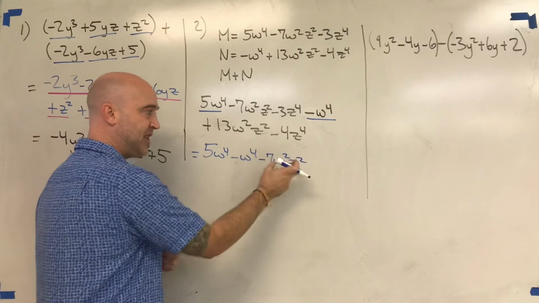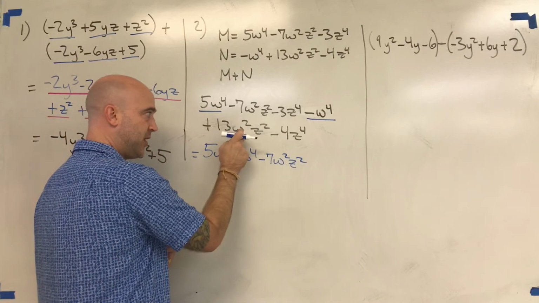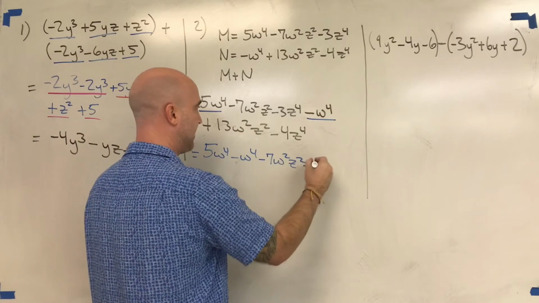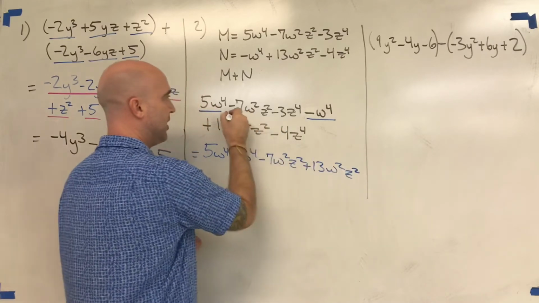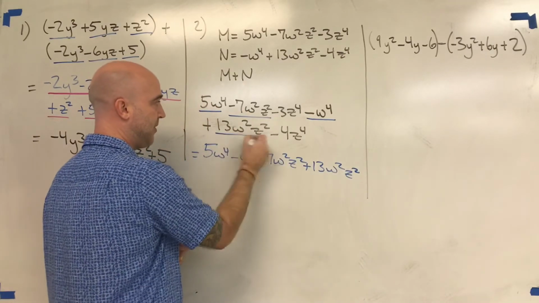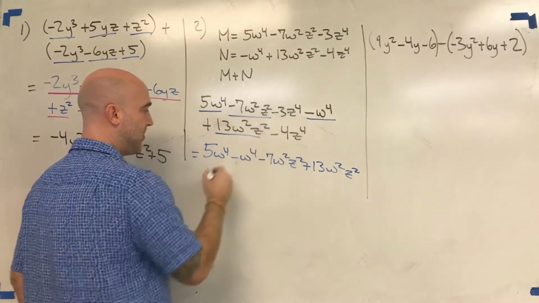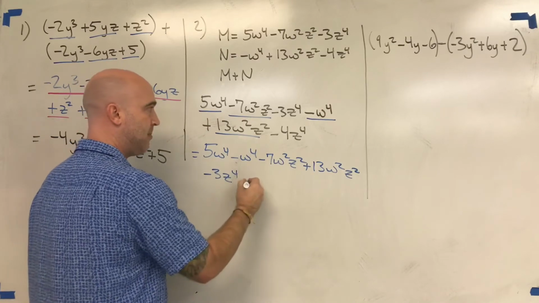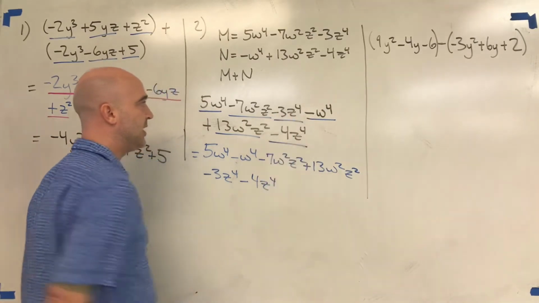It has to match exactly with these letters and exponents. There's w squared and z squared, so that can go together, plus 13w squared z squared. So I took care of that minus 7 and that plus 13. Next in order, I have a minus 3z to the 4th and a minus 4z to the 4th. So those two are taken care of.